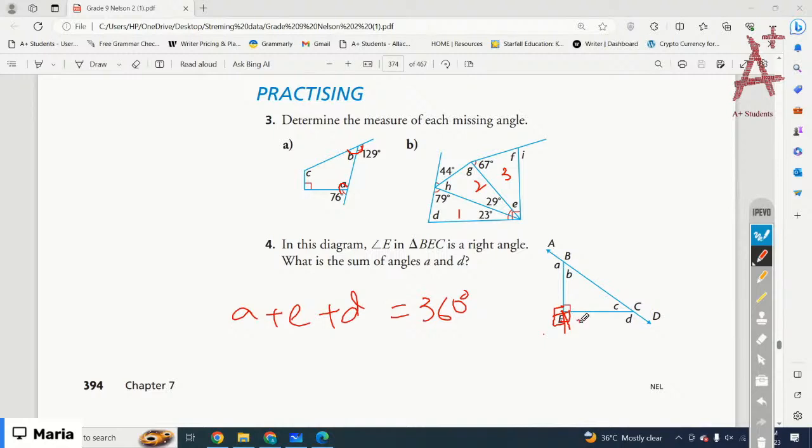We have the value of E, that is 90. That means A plus D plus 90 equals 360, right? So the sum of A and D is 360 minus 90, which is 270 degrees. That means the sum of angle A and D is 270 degrees, right?